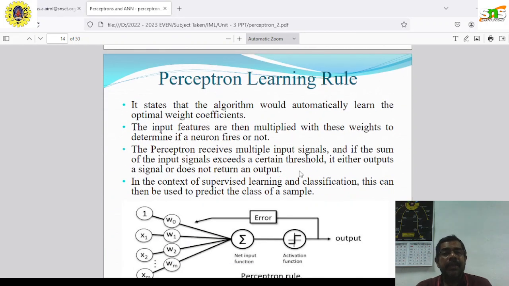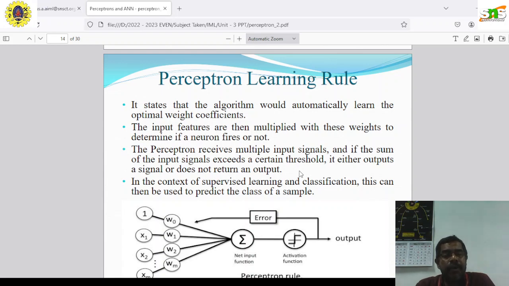And what is the perceptron learning rule? It states that the algorithm will automatically learn the optimal weight coefficients. The input features are multiplied with these weights to determine whether a neuron fires or not. The perceptron receives multiple input signals, sums them, and fires if a certain threshold is exceeded.